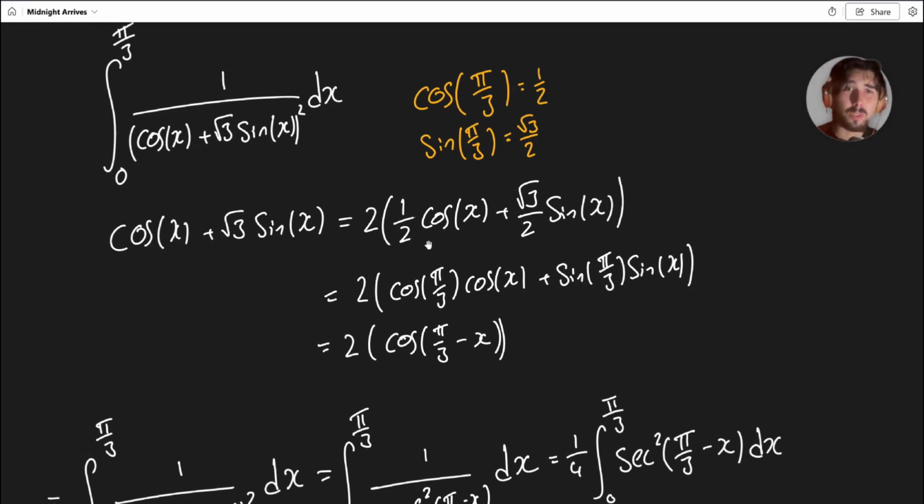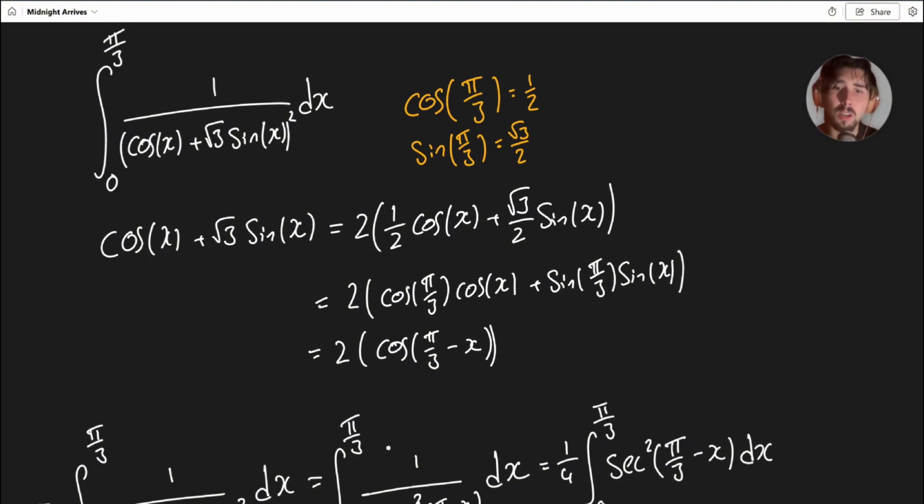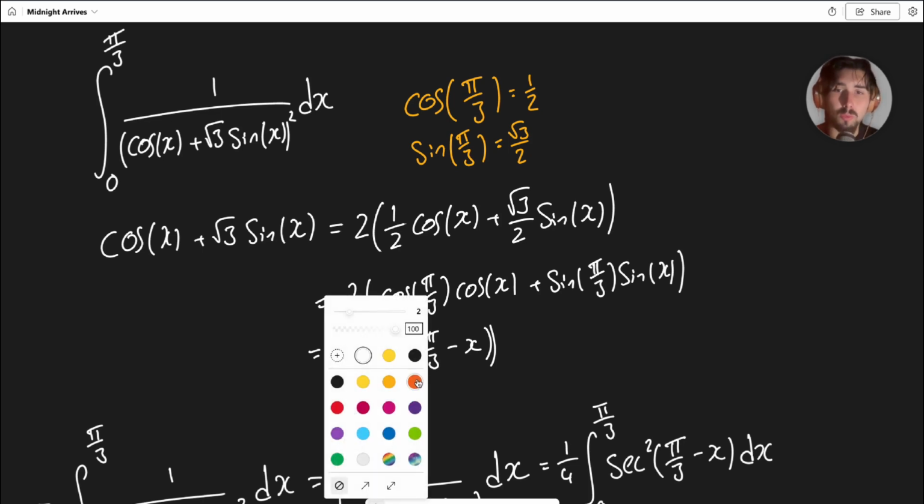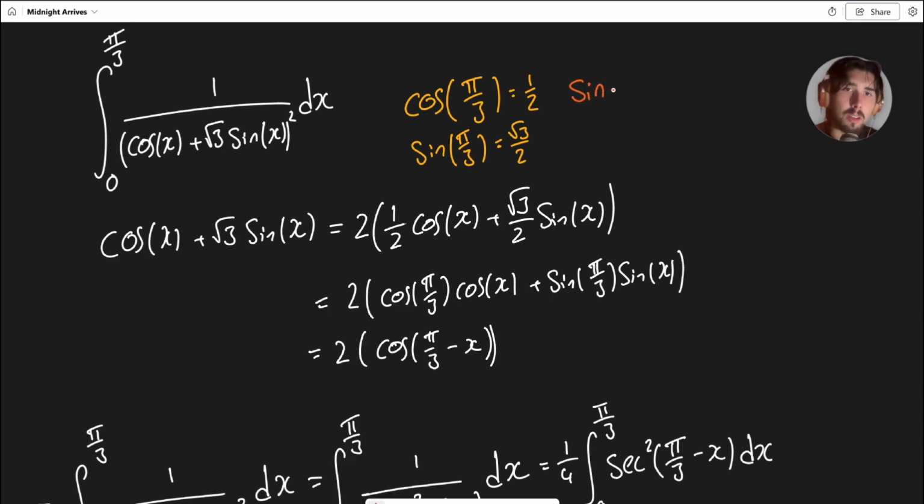Now, one thing I want to go back and mention is some people might say, technically, there's another way of doing your compound angle formula here, because instead of saying, oh, well, I'm noticing that cos of pi over 3 is 1/2 and sine of pi over 3 is root 3 over 2, you could also say, well, hold on a second, I'm noticing that sine of pi over 6 is 1/2, and cos of pi over 6 is root 3 over 2. So why not do it this way?